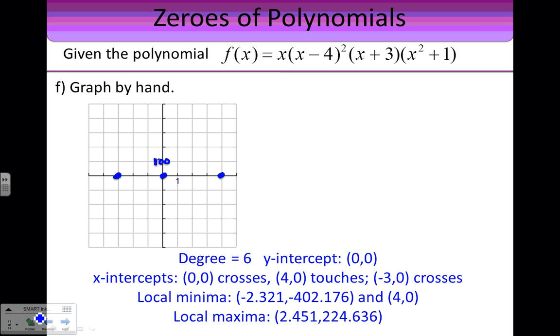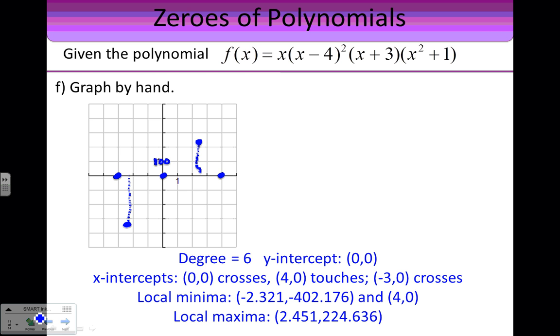All right, so we know that the local minimum was about negative 2.3 and down to negative 402, so about there. Okay. Then we know our local maxima was 2.45 and positive 224, so about here.